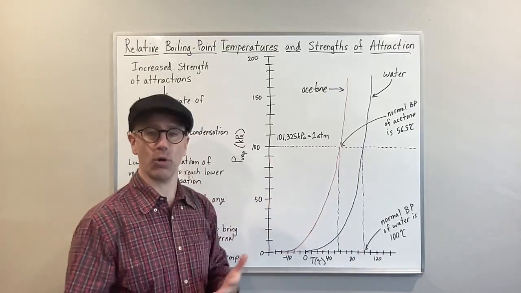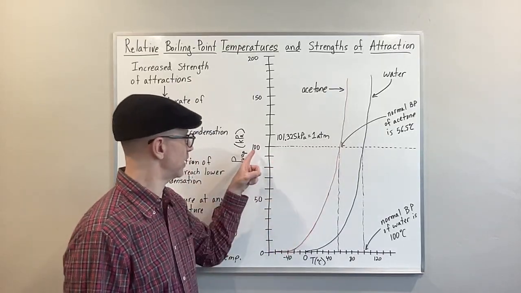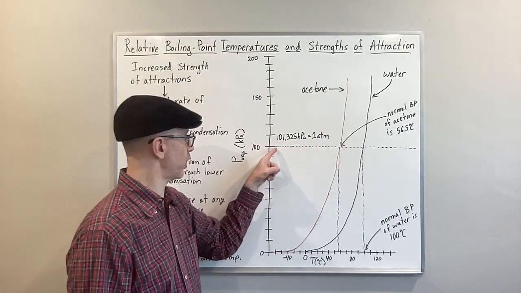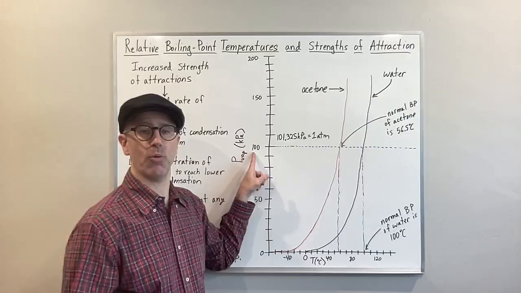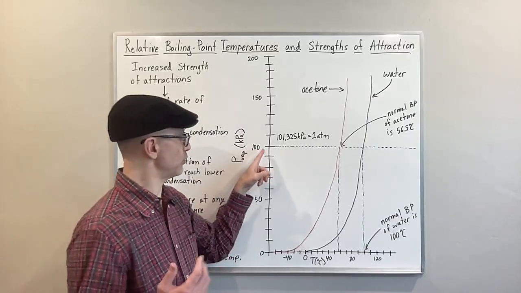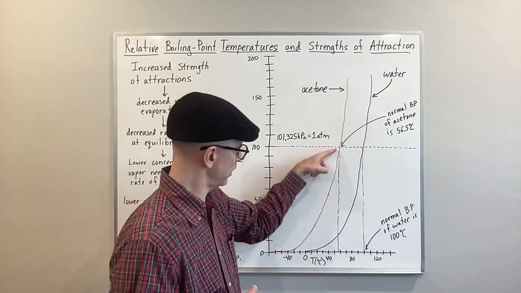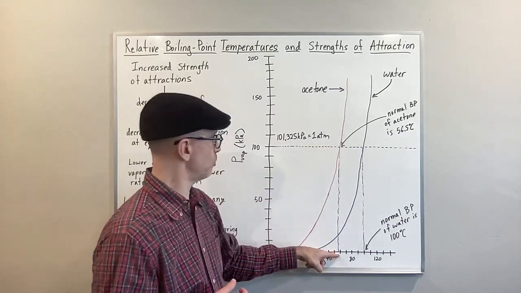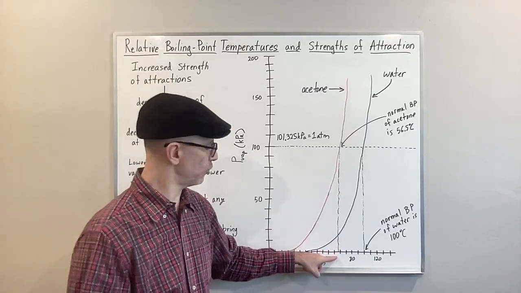This is where your normal boiling point would be. In order to get to the normal boiling point at 1 atmosphere, so if you're trying to boil acetone at sea level, you would have to raise the temperature up to only about 56.5 degrees Celsius. So that's what acetone boils at.